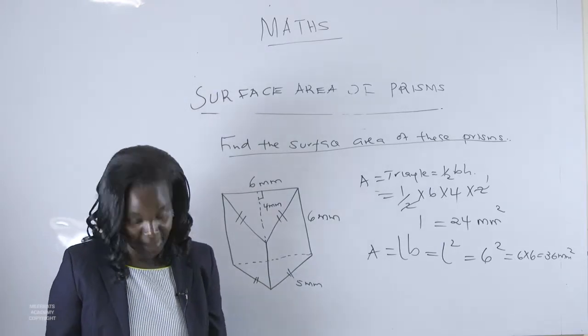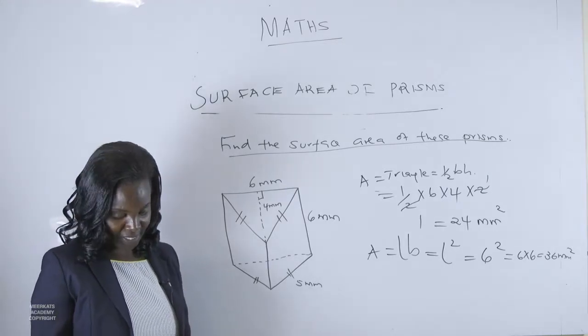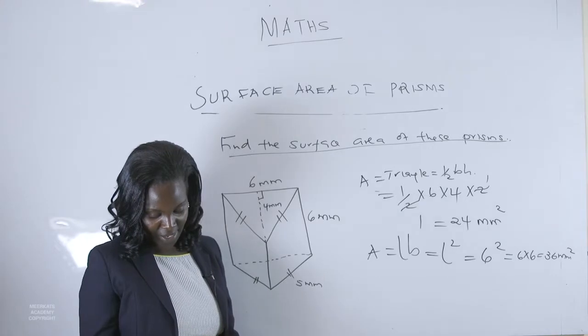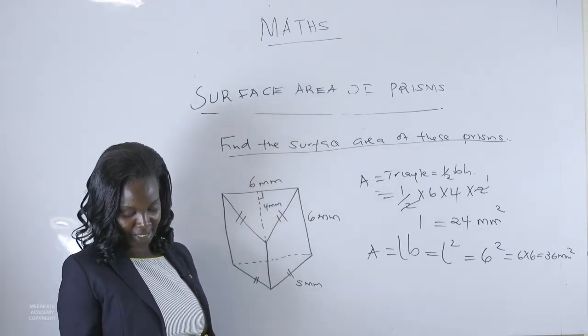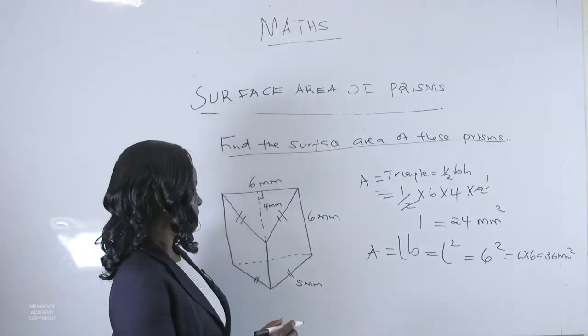Now, how many faces are remaining? So we have 2 more faces remaining, that is measuring 6 millimeters by 5 millimeters. This side and this side.